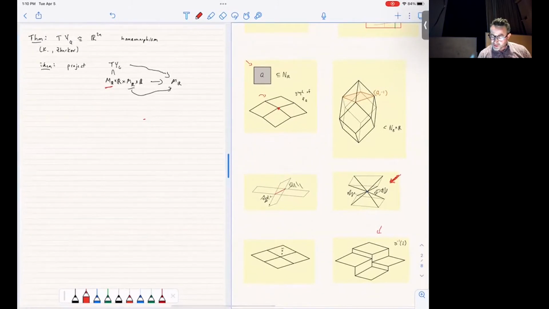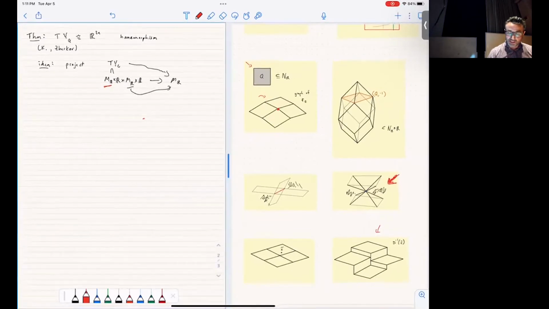So if I project to the red point, this is the fiber. Now, however, that is projecting to the first factor. If I project to the second factor, I'm fixing a tangent direction, and I'm looking for the inverse image of that tangent direction.